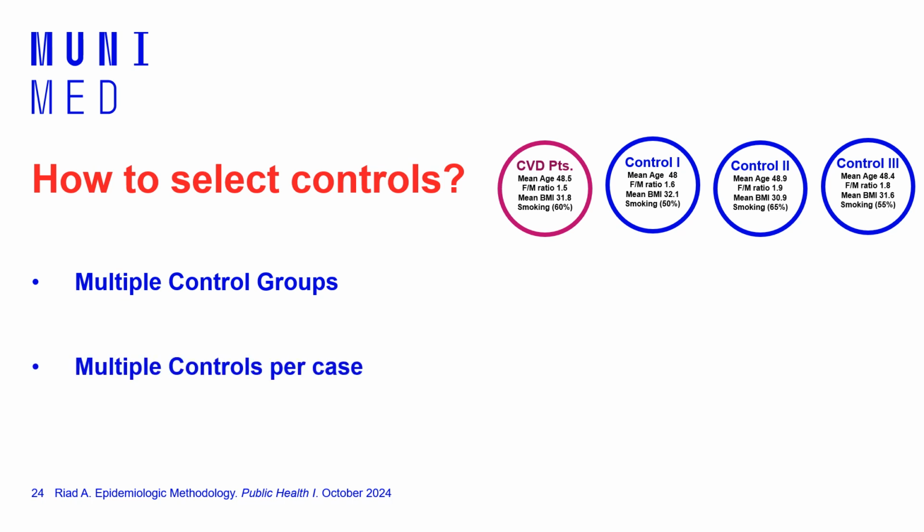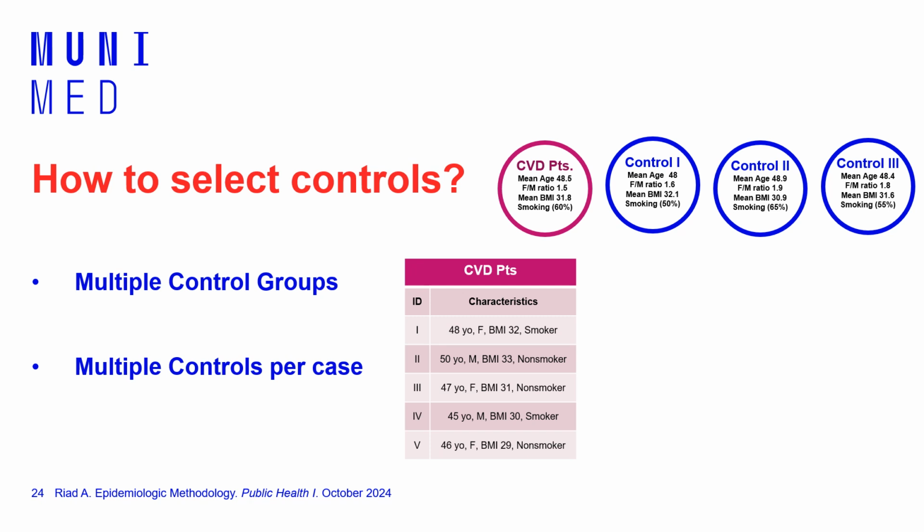Then we have the more robust and more reliable method here, which is called multiple controls per case. In this approach, we have more than one healthy volunteer that is similar to the case. So let's say that we have a list of 5 cases. The first case is a 48-year-old female with a BMI of 32 and a smoker.